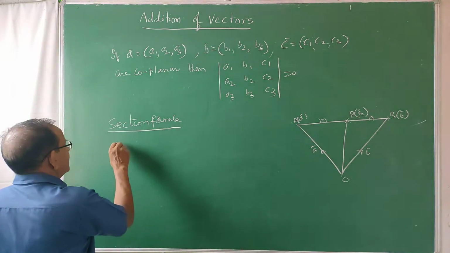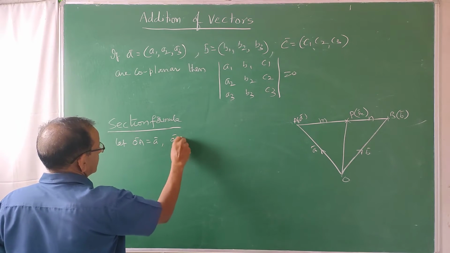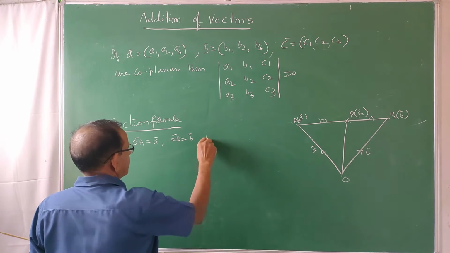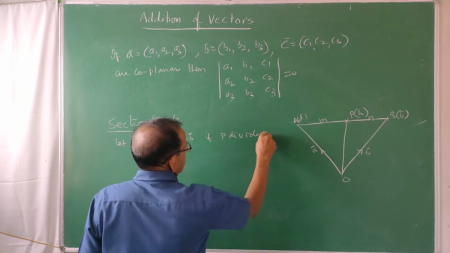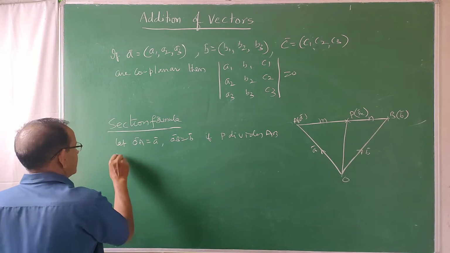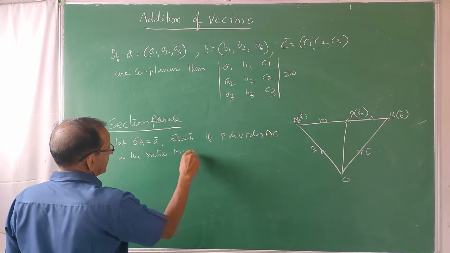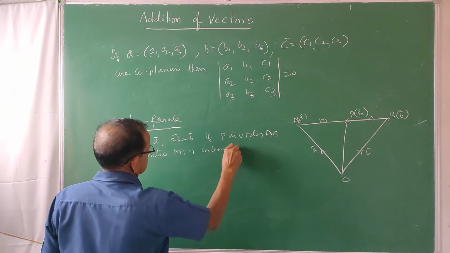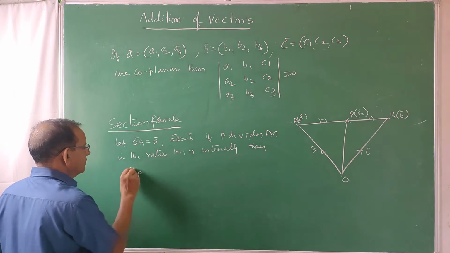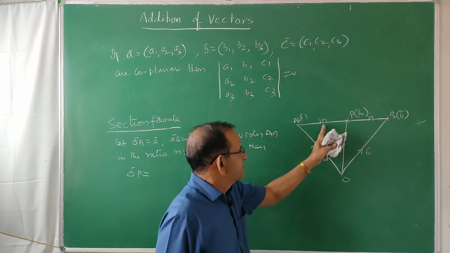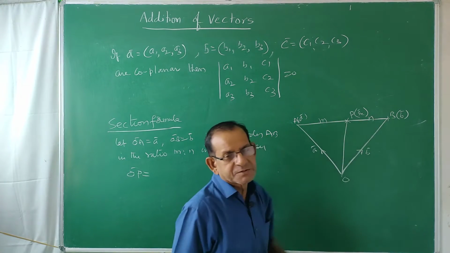Let OA bar be a bar, OB bar be b bar, and if P divides AB in the ratio m:n internally, then OP bar is equal to the left side ratio into the right side position vector plus the right side ratio into the left side position vector.